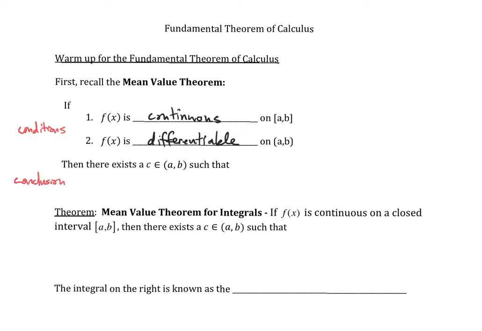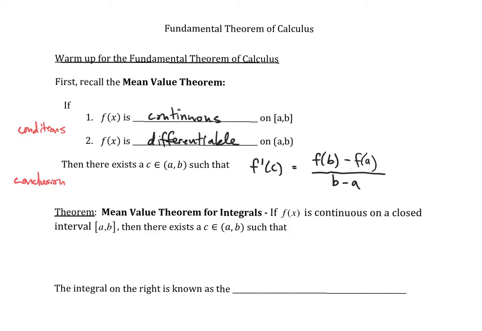And our conclusion was that there exists a c in your open interval (a, b) such that f prime of c is equal to f of b minus f of a divided by b minus a.